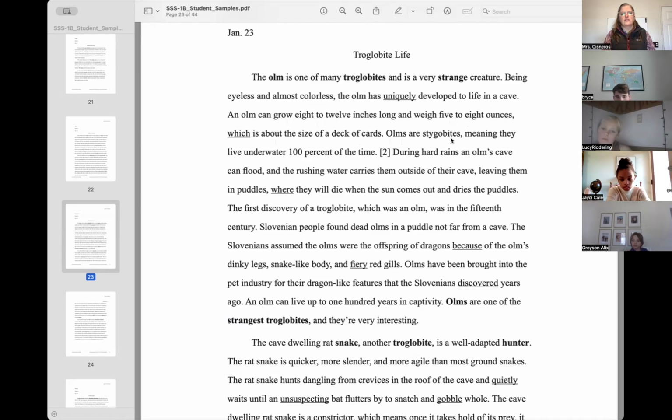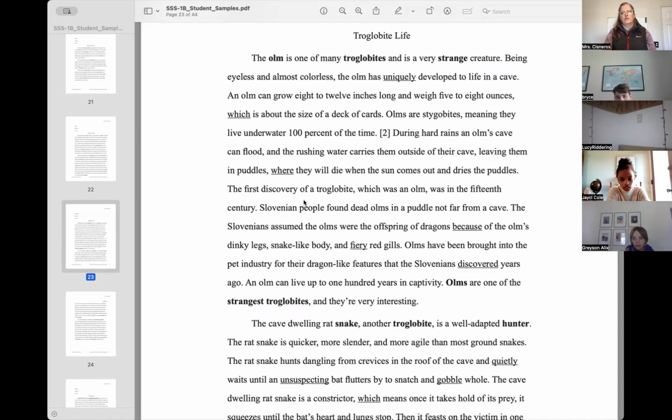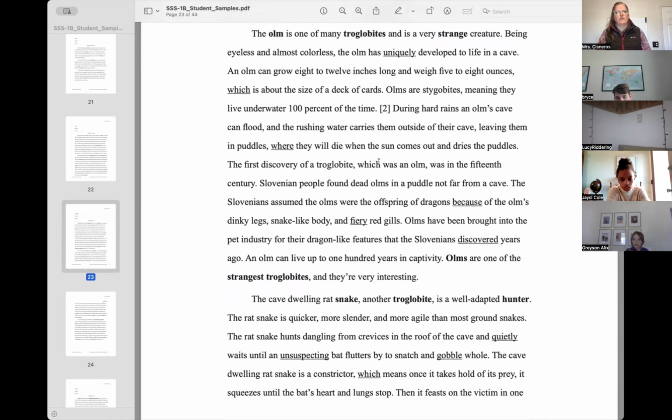Olms are stygobites, meaning they live underwater 100% of the time. During hard rains, an olm's cave can flood, and the rushing water carries them outside of their cave, leaving them in puddles, where they will die when the sun comes out and dries the puddles.